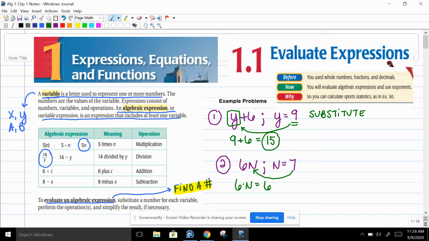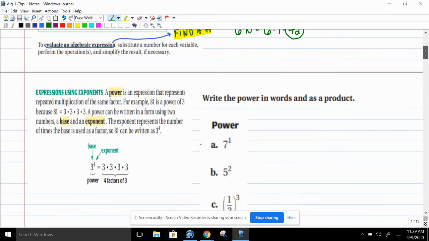So we are doing 6 times 7, which would be equal to 42. There's your evaluated version of that expression. Now, in order to evaluate, just keep in mind, they have to give you a value for the variable. You would not be able to evaluate if you didn't have a value for the variable. Hopefully this is pretty basic so far.